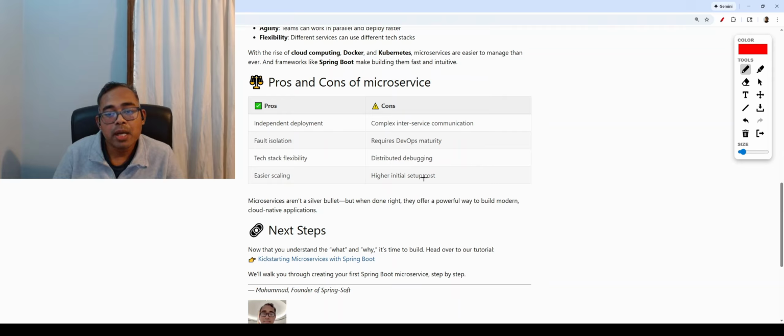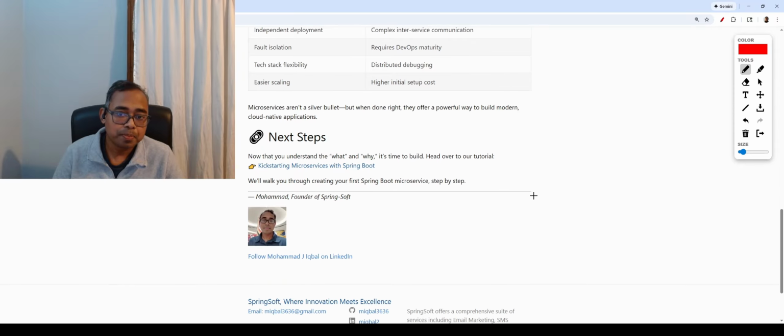And higher initial setup costs. With microservices, you are breaking down the services, so you will initially start with multiple different databases for each of the services and also different instances for each of the microservices we use. So there is higher initial setup.